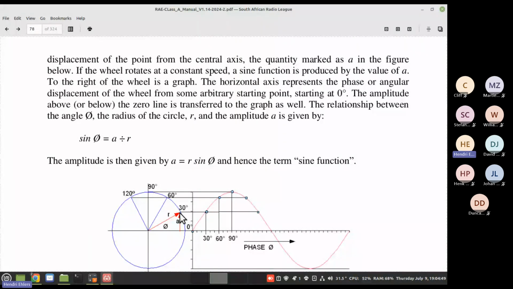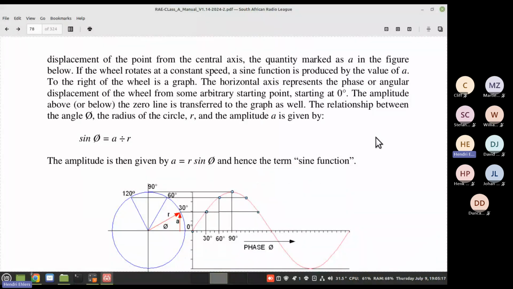To the right of the wheel is a graph. The horizontal axis represents the phase or angular displacement of the wheel from some arbitrary starting point at 0 degrees, and the amplitude above or below the zero line is transferred to the graph as well.